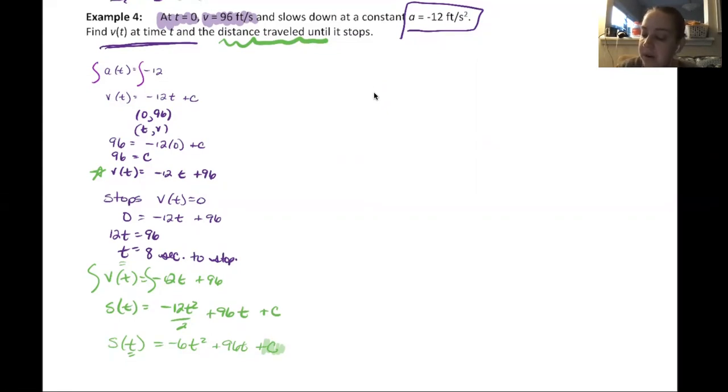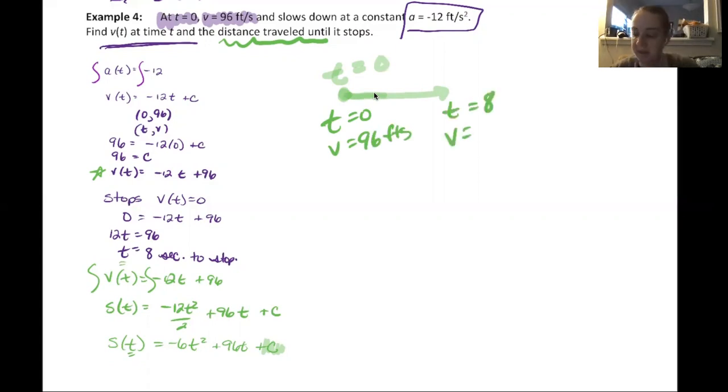Well, we have this particle, whatever it is. It starts here and then it's slowing down, right? So at time equals 0, that's my dog. At time equals 0, we know that the velocity is 96 feet per second. We figured out over here at time equals 8 that the velocity is 0 because that's where it stops.